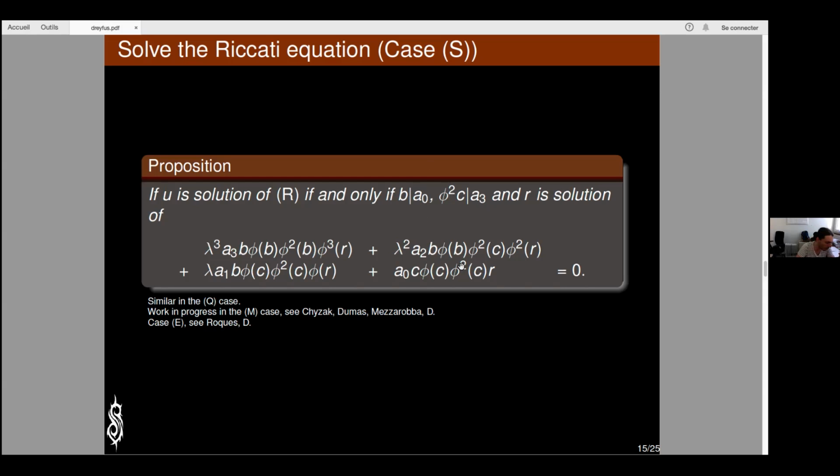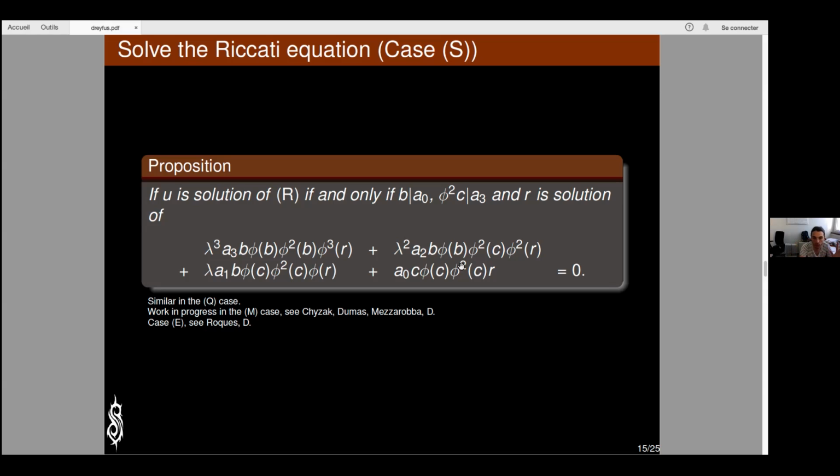And it gives you an algorithm because you have a finite number of divisors of A0, you have a finite number of divisors of A3, and you just have to test every pair of B and C. And for each pair of B and C, you just have to find a lambda and R. So if you have a solution, then you have a solution of your Riccati equation, and if for every pair of B and C you don't have solutions, then you don't have a solution of the Riccati equation. So it's quite powerful, but on the other side, you have an exponential number of linear differential equations to treat.